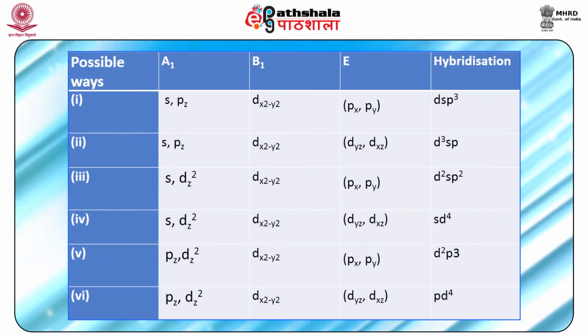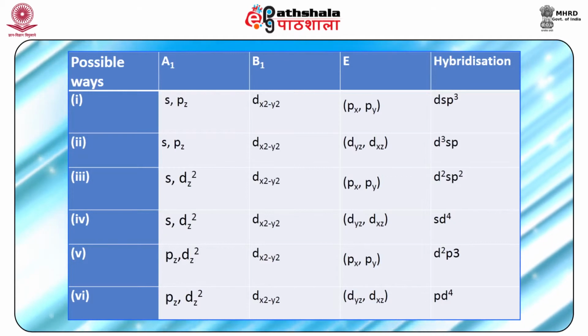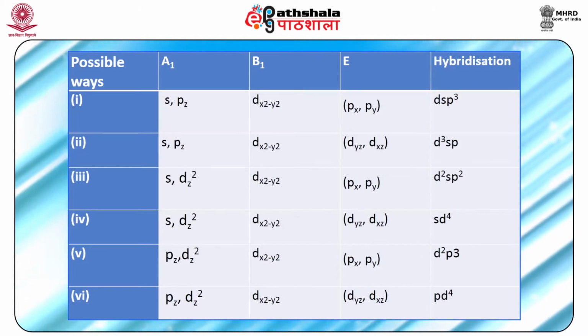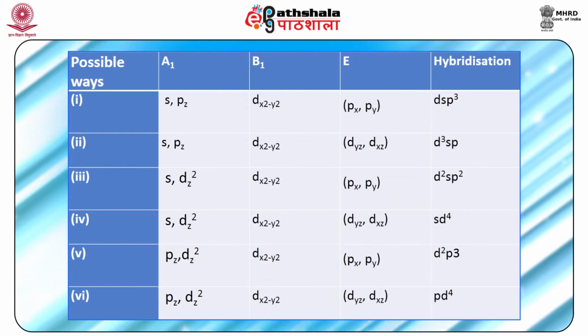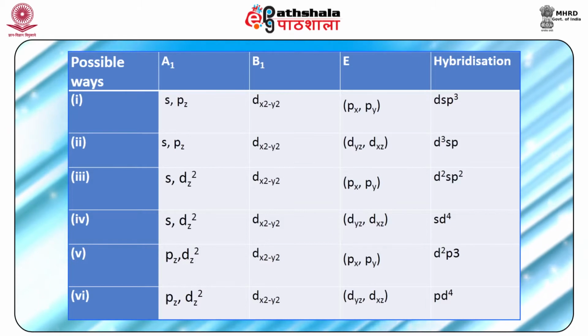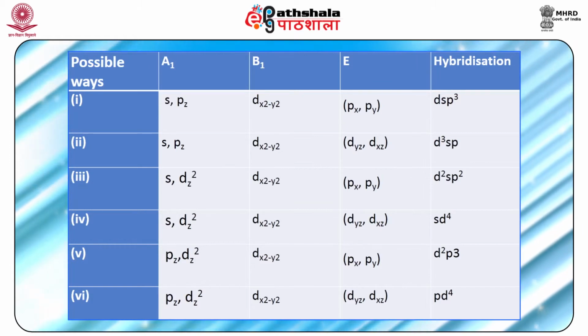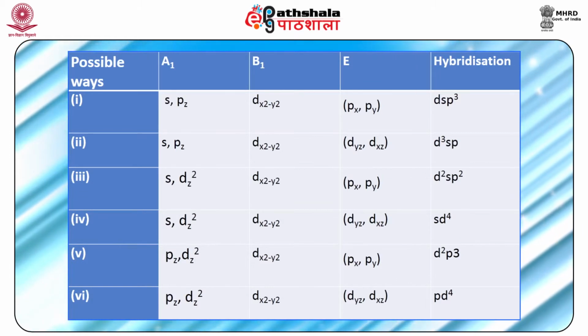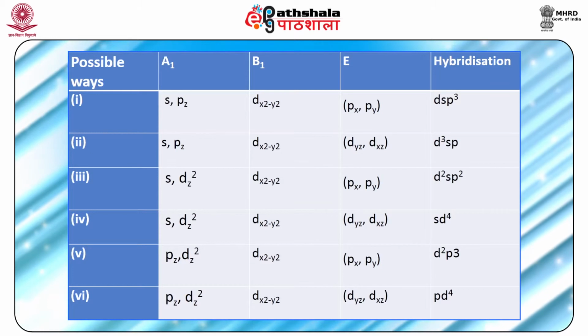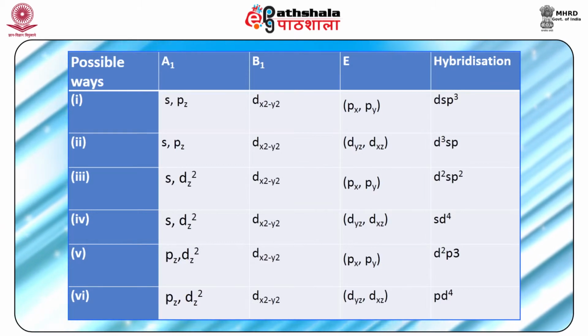The second possible combination is s, pz, dx square minus y square, dyz, dxz, that is d3sp. The third combination is s, dz square, dx square minus y square, px, py, that is hybridization d2sp2.